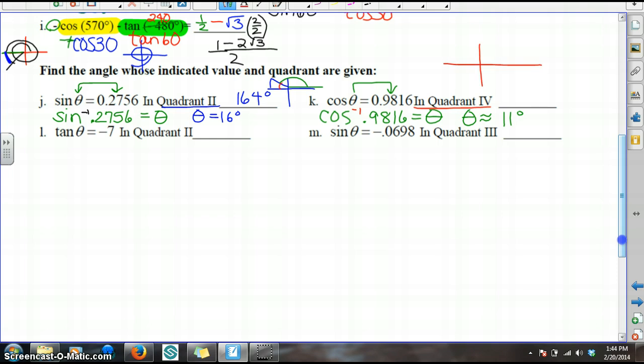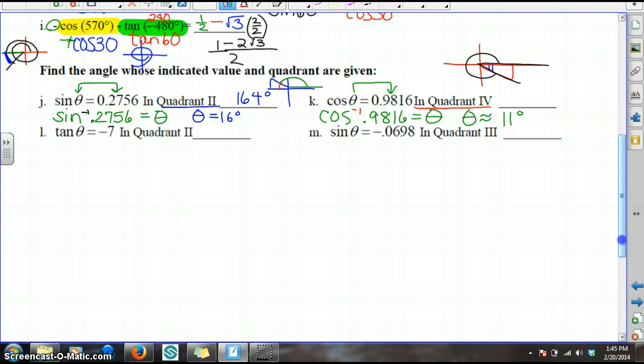So I draw the fourth quadrant bow tie angle, and I make the reference 11 degrees. Once again, this is a triangle that would have a cosine of 0.9816, but it's not the angle that I'm looking for. The angle that I'm looking for is the one that is just 11 degrees shy of being a full circle.